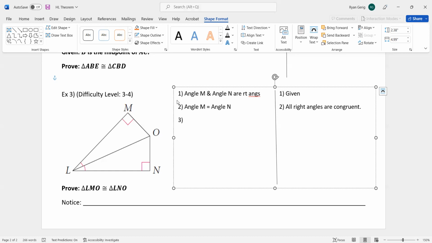We'll go ahead and mark that, that's my first. Okay. What else did I give you? I gave you that other angle down there at the bottom, and I can't say angle L, it doesn't make any sense. Angle MLO is congruent to angle NLO. That was given. Mark it.